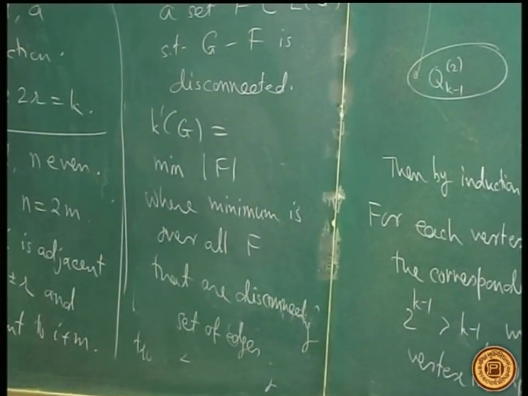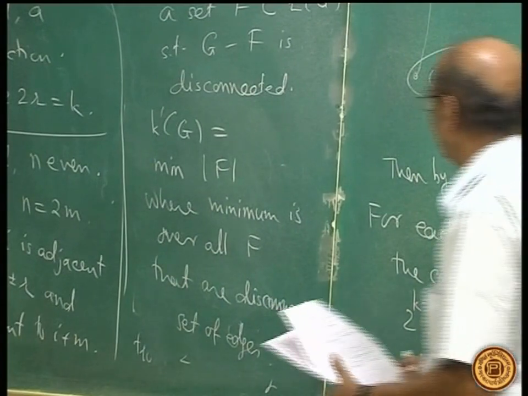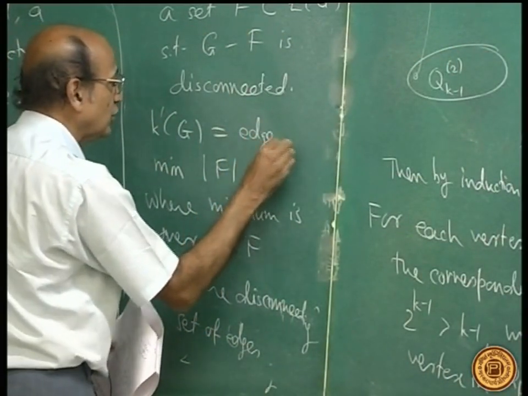So this is the version of connectivity for edges. Okay, that is what we are saying. There is a relationship between the K prime G, let's call this edge connectivity.